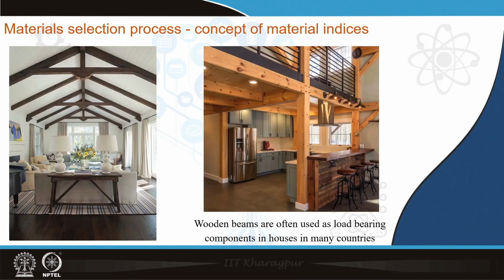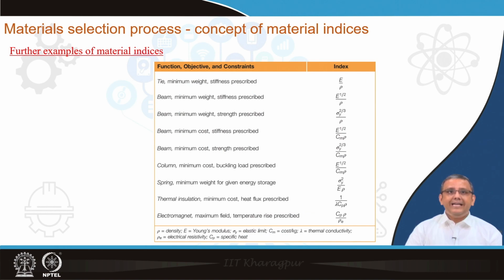With this, we have introduced one such material index, E to the power 1 by 2 over rho, but there can be many such material indices, because a material index is nothing but a combination of different material properties.